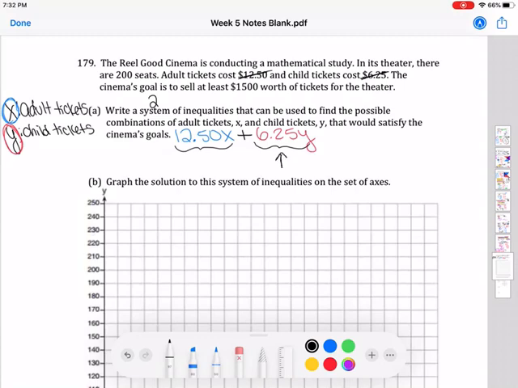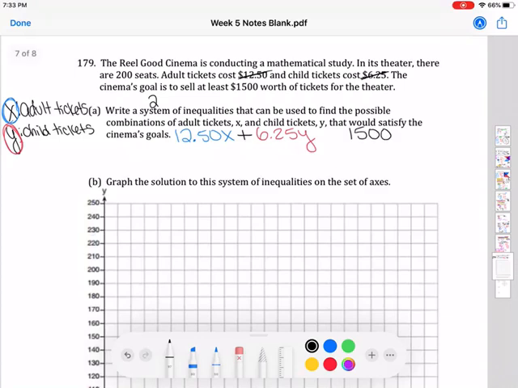And this piece right here, $6.25 times the amount of child tickets sold will tell you how much money was made on child's tickets. So to simplify this down, we have money plus money. In any problem, not even thinking about this at all, money plus money is going to equal money, right? Money plus money equals money.